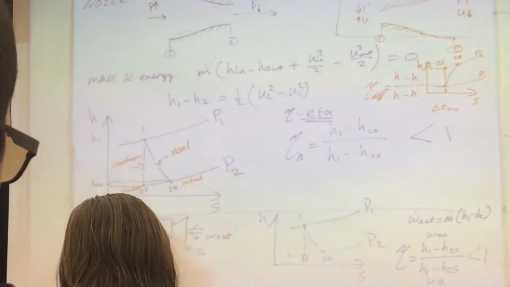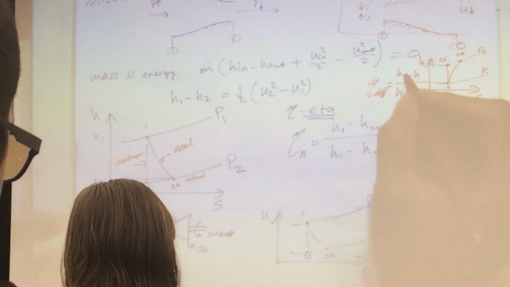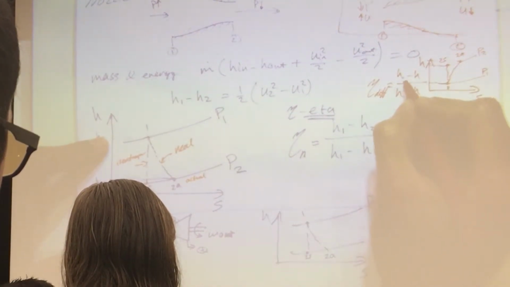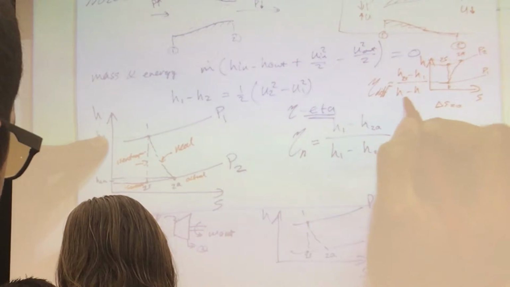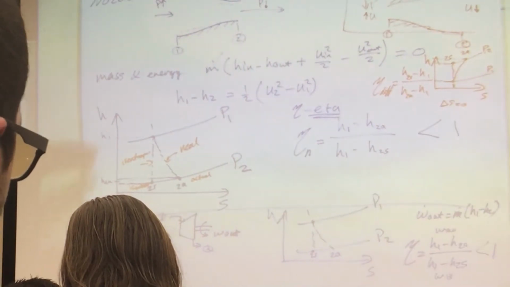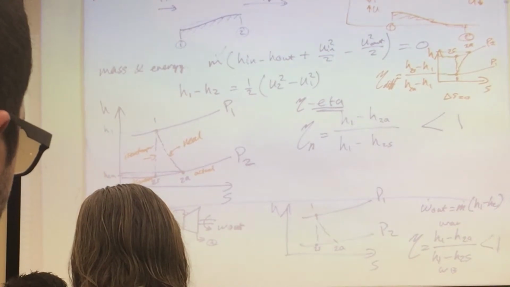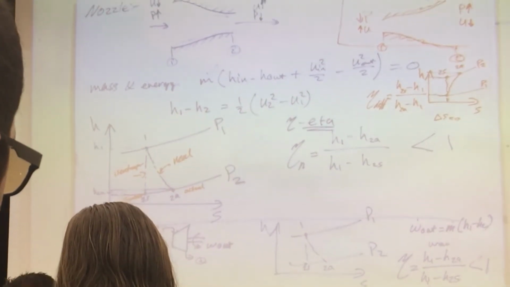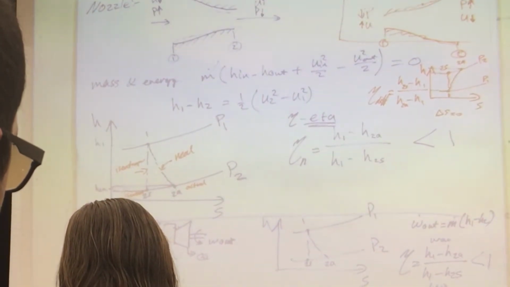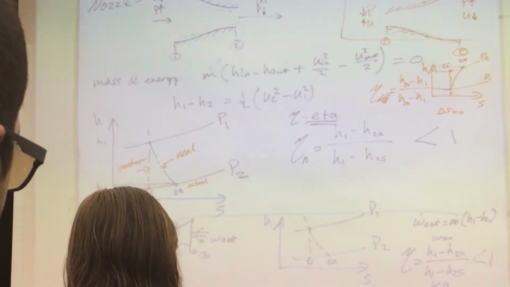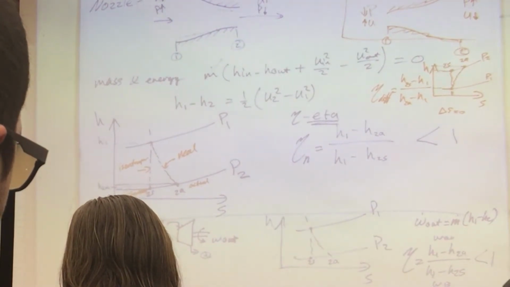Isentropic versus actual. Why? So isentropic versus actual. So h2s minus h1 over h2 actual minus h1. So why is it that way? Well, besides greater than or less than, but from the physics standpoint, what are we trying to do with a diffuser?